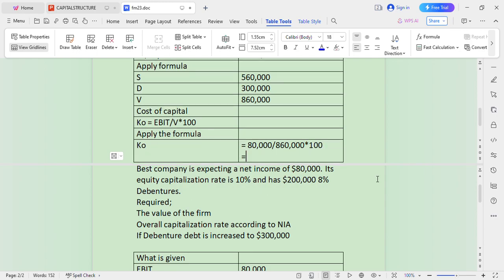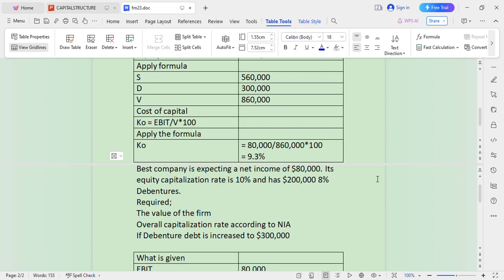What is our overall cost of capital? It will give us 9.3%.